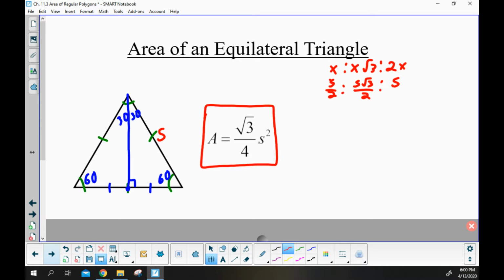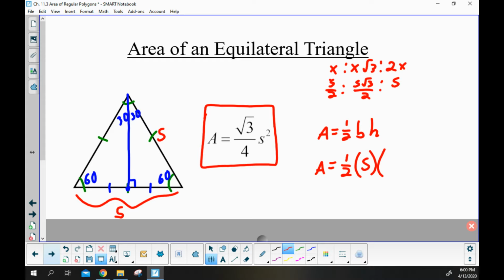And if you remember, the area of a triangle is 1/2 base times height. Well, then that would mean it's 1/2 the base, which in this case is this whole thing here, that's S, times the height, which is the 60 degree side. That's S root 3 over 2.